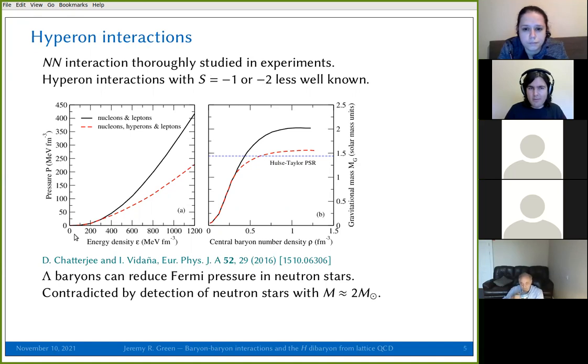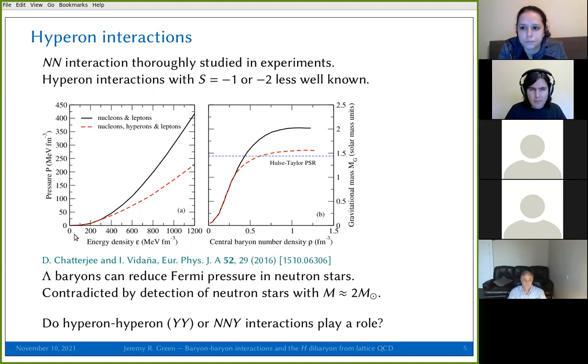Now, we've detected neutron stars that are the size of two solar masses or even bigger, and this really is not consistent with these earlier predictions about the effects of lambda baryons. And so this is a situation where we really need to understand these interactions much better in order to improve these models. And so it's been suggested that perhaps interactions between hyperons, which are quite difficult to measure, or 3-body interactions play a role in changing this picture.